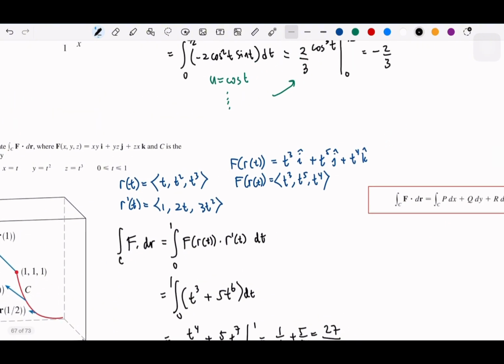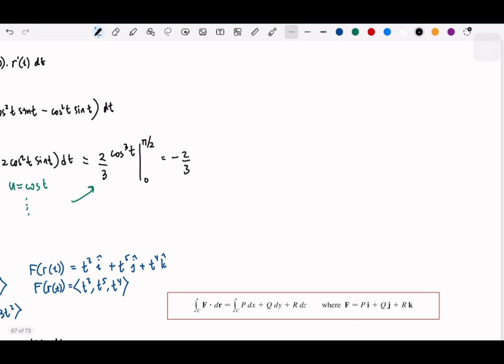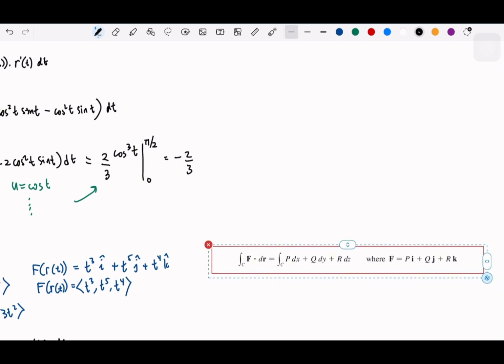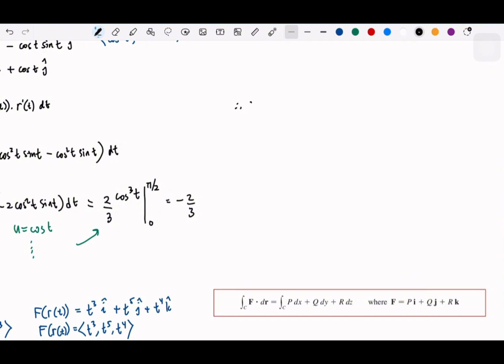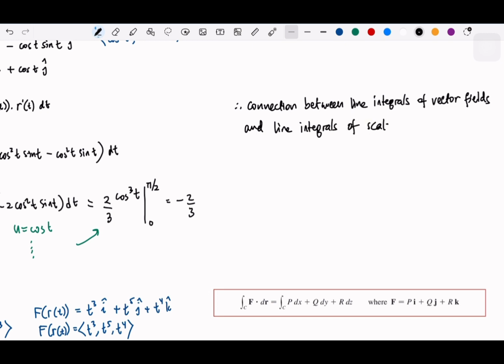So from these two examples, we could see that, let me just write some conclusions. We can have, so note the connection between line integrals of vector fields and line integrals of scalar fields.